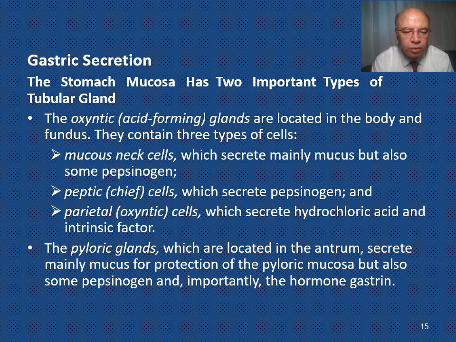Intrinsic factor is important for the absorption of vitamin B12, which is needed for blood formation. And pyloric glands, which are located in the antrum, secrete mainly mucus for protection of the pyloric mucosa, but also some pepsinogen and importantly the hormone gastrin.